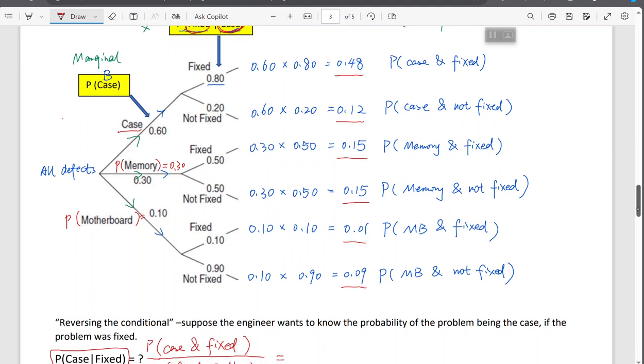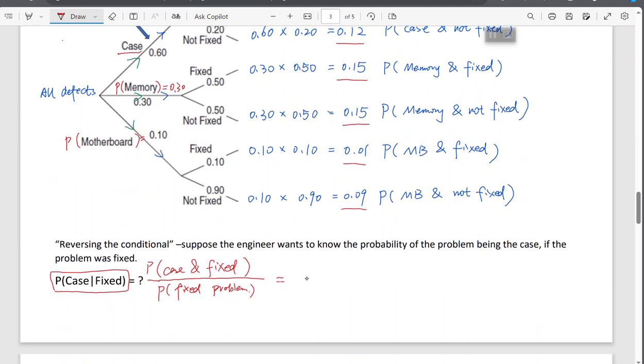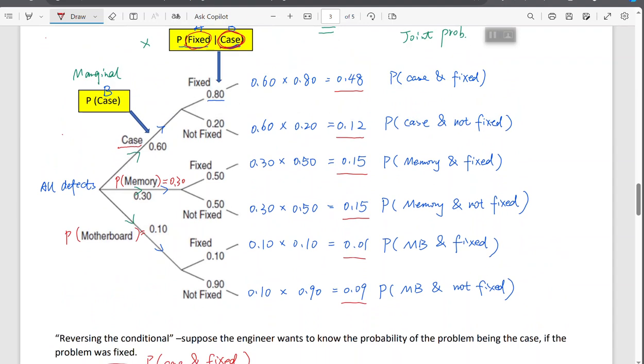First, let's try to find the bottom. What is the probability for the fixed problems? This is a fixed problem, this is a fixed problem, and this is also a fixed problem.